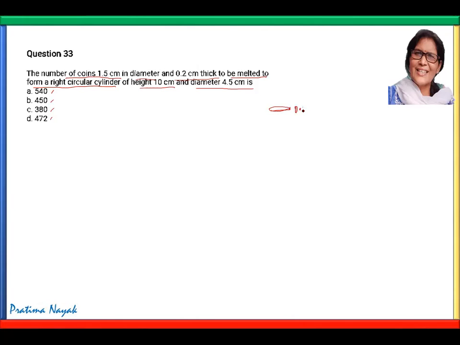Thickness is 0.2 centimeter and radius is 1.5 by 2 because it is given as diameter. So how many coins will be melted to form a big cylinder of height 10 centimeter, diameter 4.5 centimeter? That means we'll divide the volume of the big cylinder by the volume of a coin.